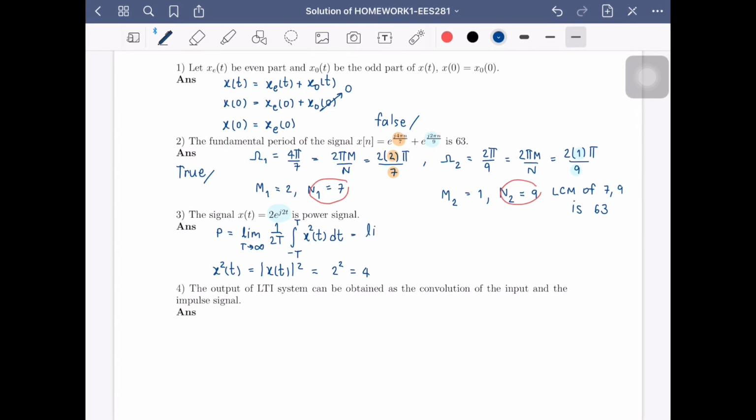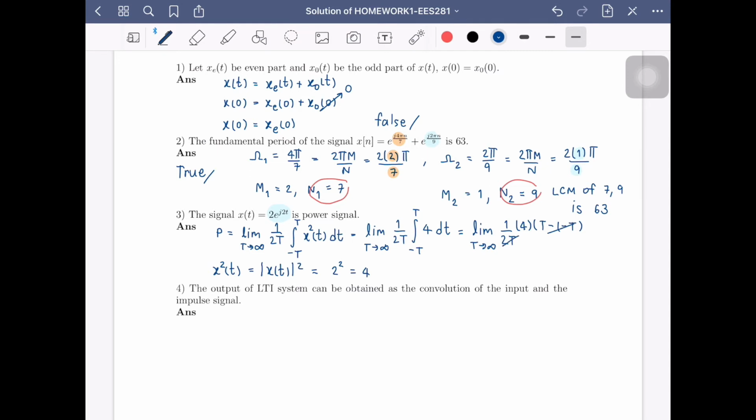Which we can evaluate as the limit as T goes to infinity of 1 over 2T times 4 times (T plus T), which is equal to 2T, which can cancel out.